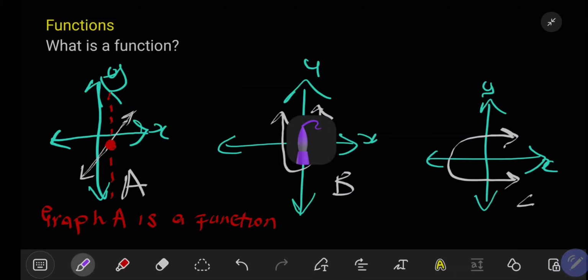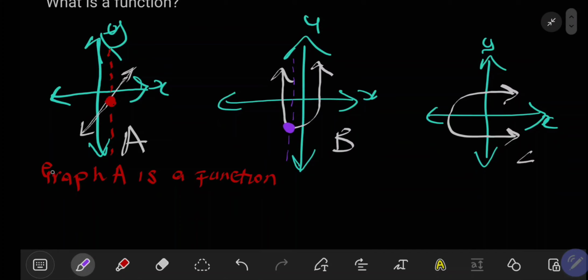Then we move to the second graph, B. We draw again a vertical line parallel to the y-axis and see how many times it touches the graph. We notice that it touches the graph only once. So it means graph B is also a function, because our vertical line also touches the graph once.